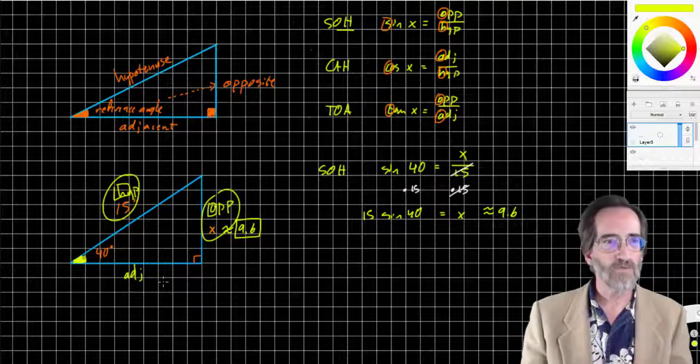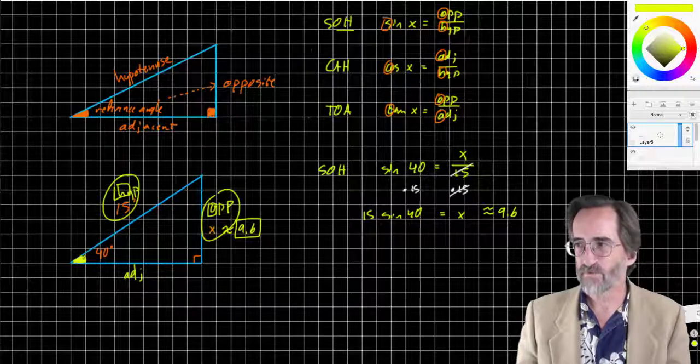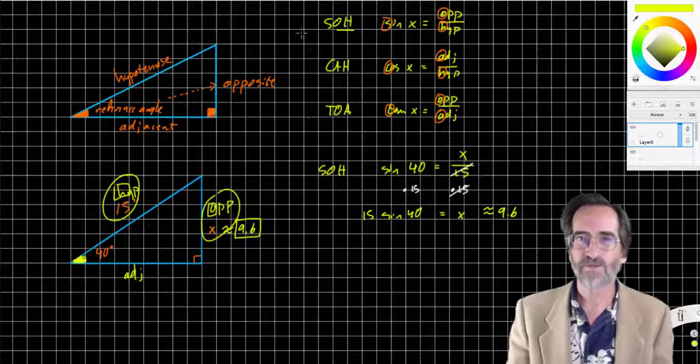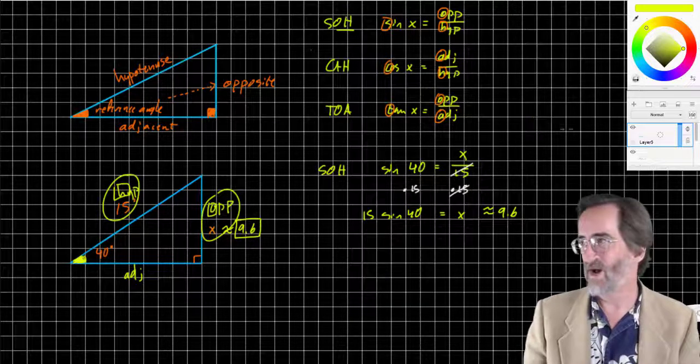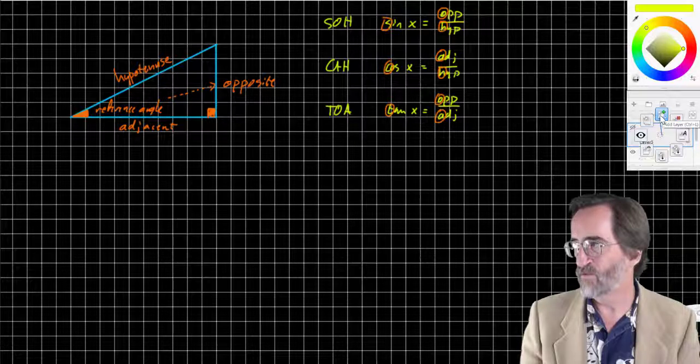I want to do one more example because this is an example where we use multiplication to solve for x. Sometimes we have an extra step, and I want to show you that. So I'm going to hide this page here and add a new page.